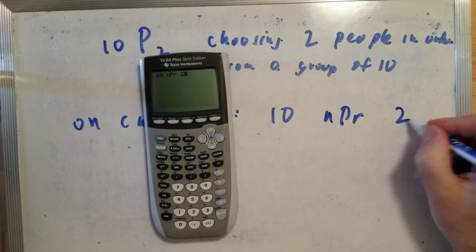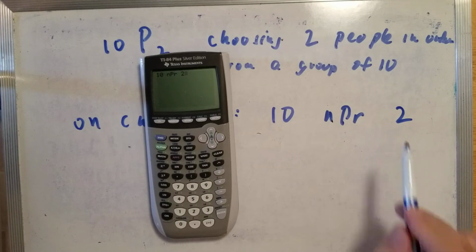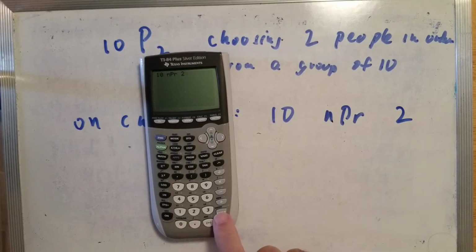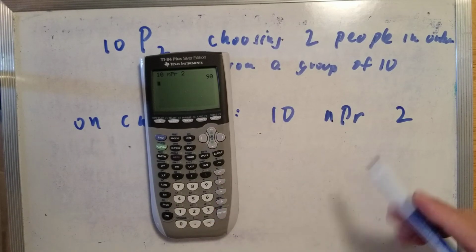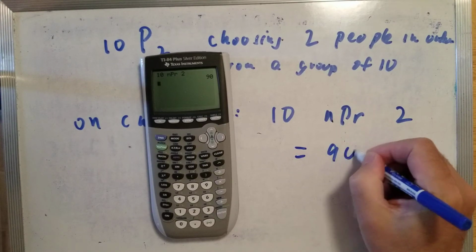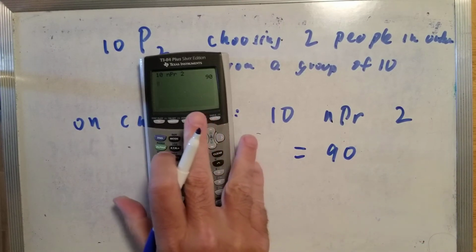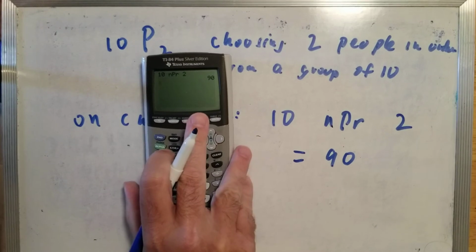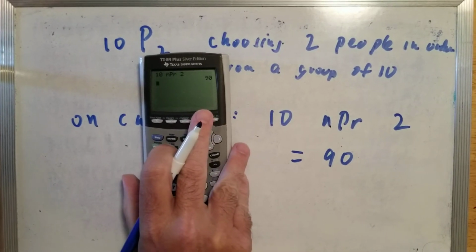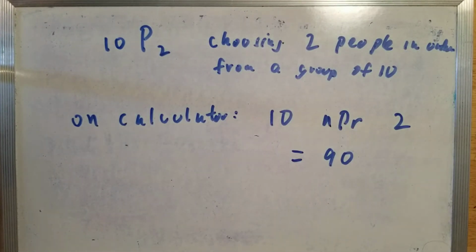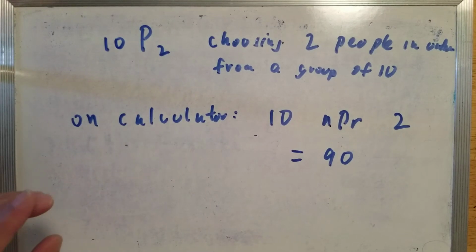So on the calculator, it looks like this, 10 nPr 2, and when I hit the magic button, 90 different ways. So there are 90 different ways that a president and a vice president can be selected from a club of 10 people.